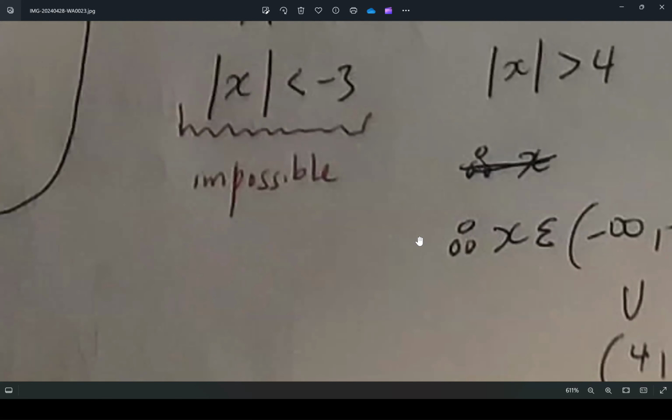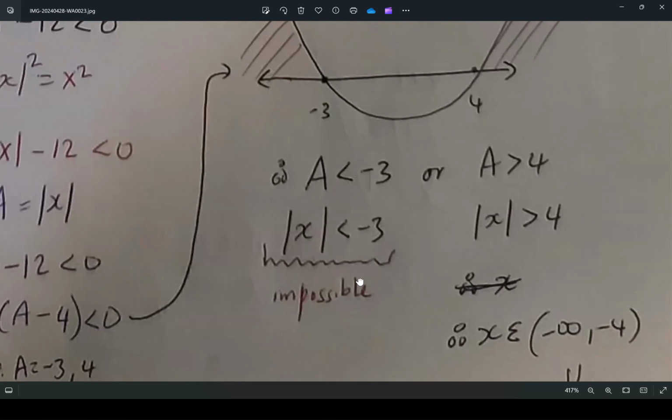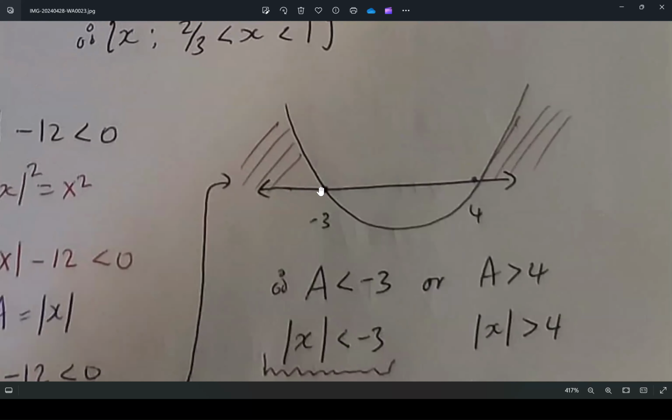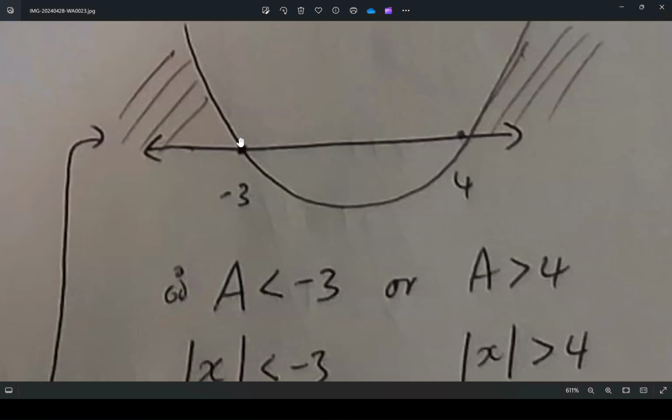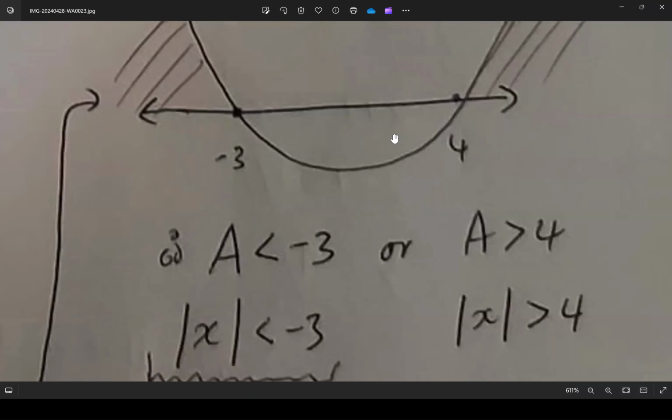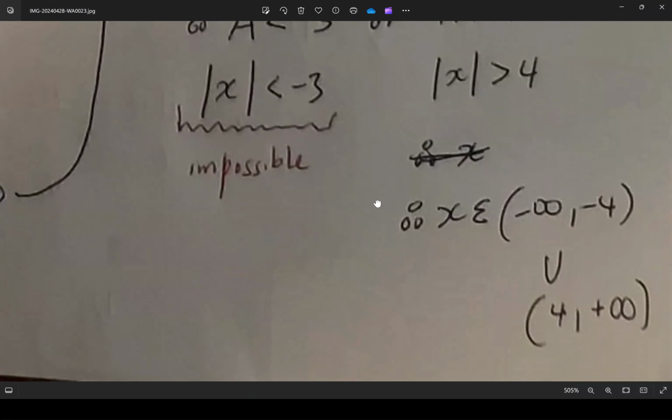Now, I need to repeat again. The graph that I drew here is wrong in that I looked at the wrong part. I looked at greater than 0 when I should have been looking at less than 0. So it's this section. The answer that I have here, which is less than -4 and greater than 4, should be the opposite. So the actual answer should be -4 to 4, not including themselves.